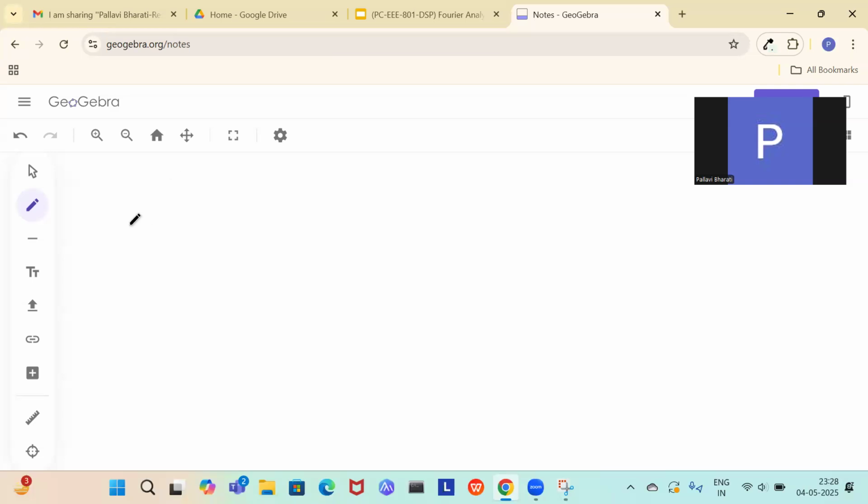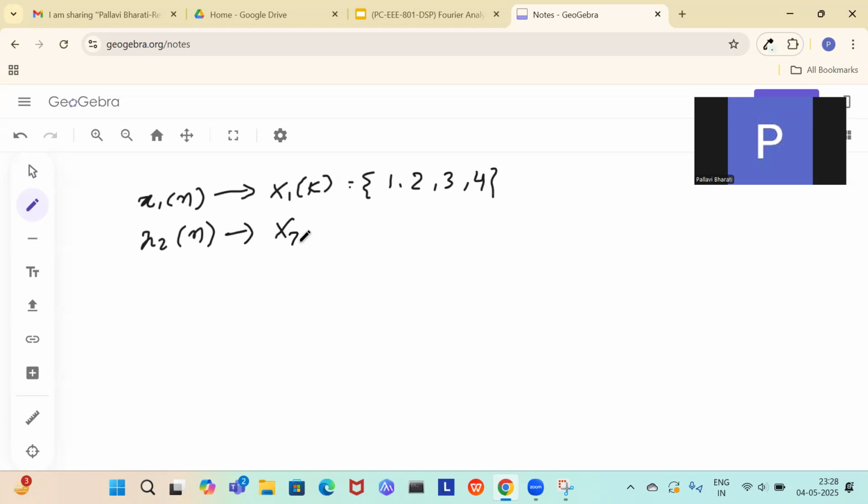The first signal is x1 of n, the second signal is x2 of n. The discrete Fourier series for x1 of n is X1 of k, with value 1, 2, 3, 4. The discrete Fourier series for x2 of n is X2 of k, with value 4, 3, 2, 1.